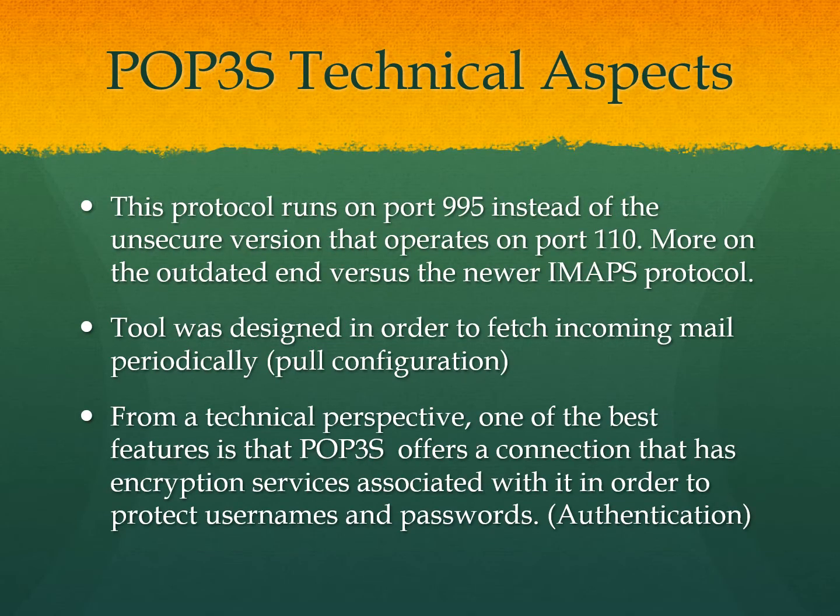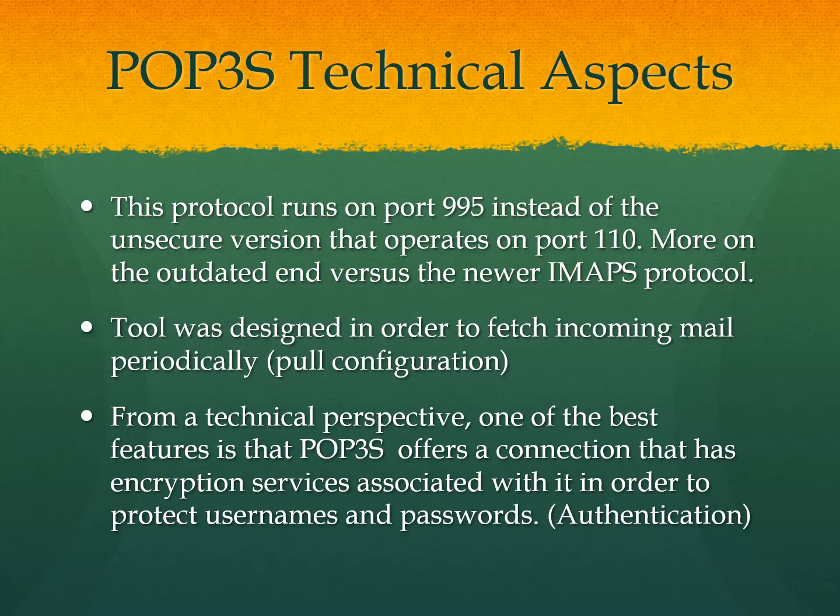So what are some of the technical aspects? I'd say this protocol runs on port 995 instead of the unsecure version that operates on port 110. More on the outdated version versus the newer IMAPS protocol I found through my research, which I thought was interesting. This tool is designed in order to fetch incoming mail periodically.